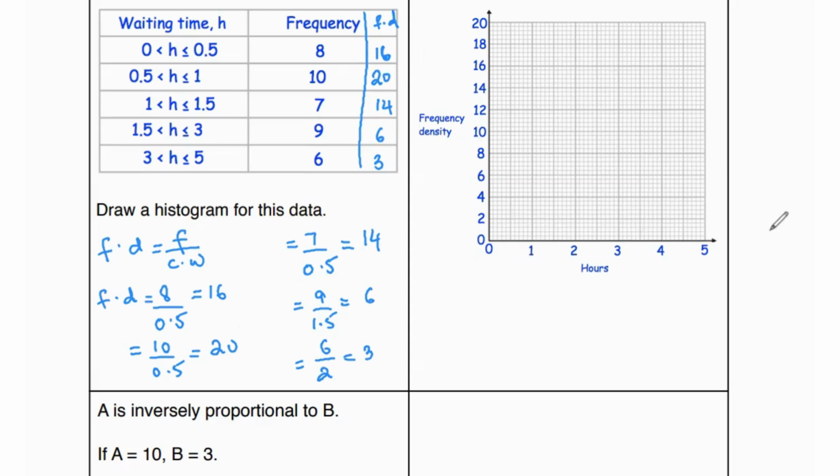Now on the x-axis, we'll have the intervals for the waiting time. On the y-axis, we'll have frequency density values. So for 0 to 0.5, it's 16. For 0.5 to 1, it's 20. For 1 to 1.5, that's 14.